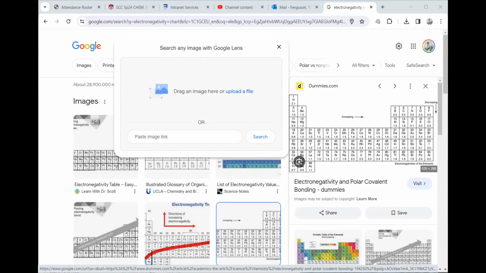For example, a carbon-carbon bond, also in alkanes, would be 0. So like atoms, like nitrogen to nitrogen, carbon to carbon, oxygen to oxygen, those have no polarity.